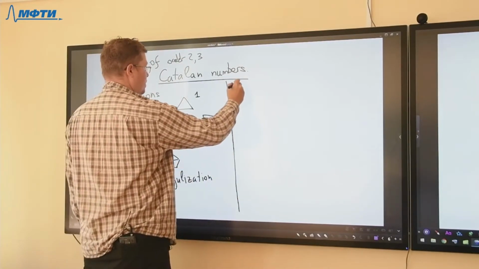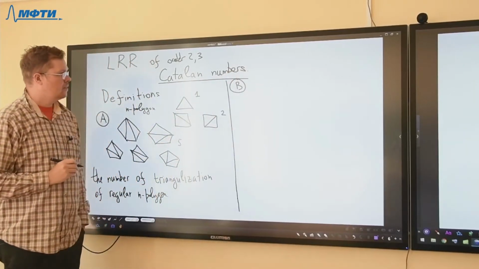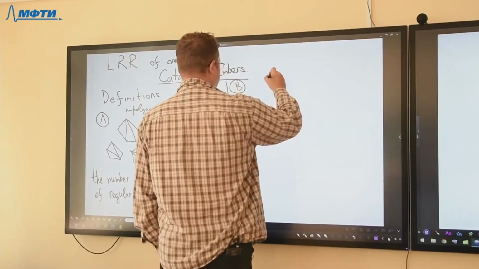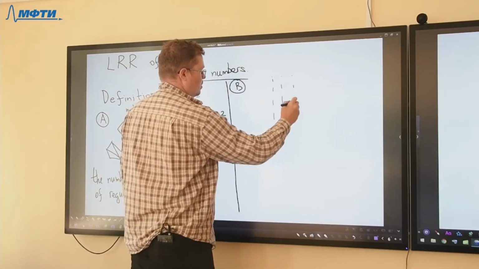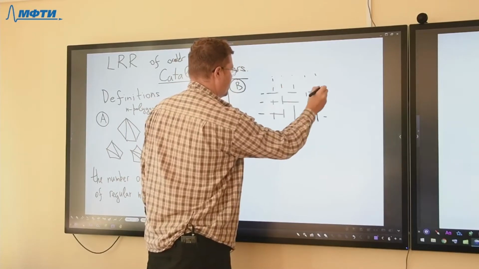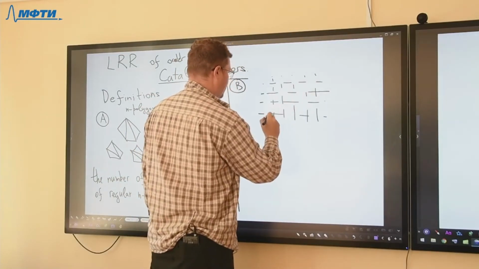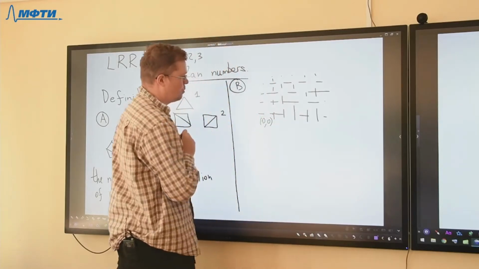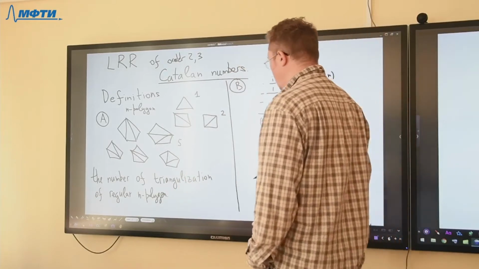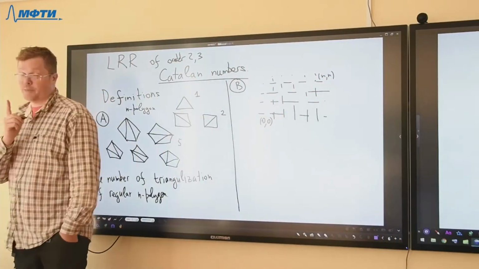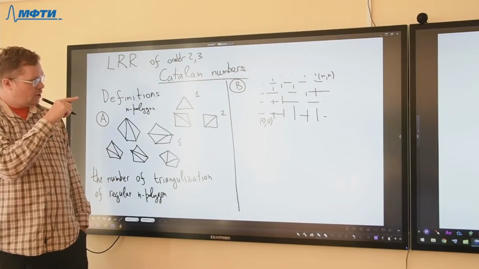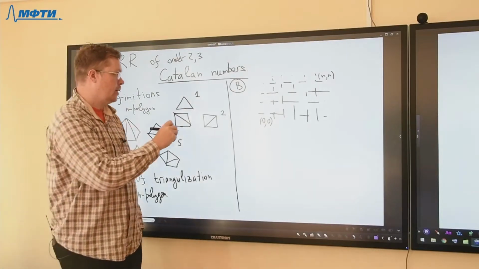Okay. B is the number of paths on the grid on the plane. I want to connect the points (0, 0) and (n, n), going only up and right, such that this path will go over the diagonal.